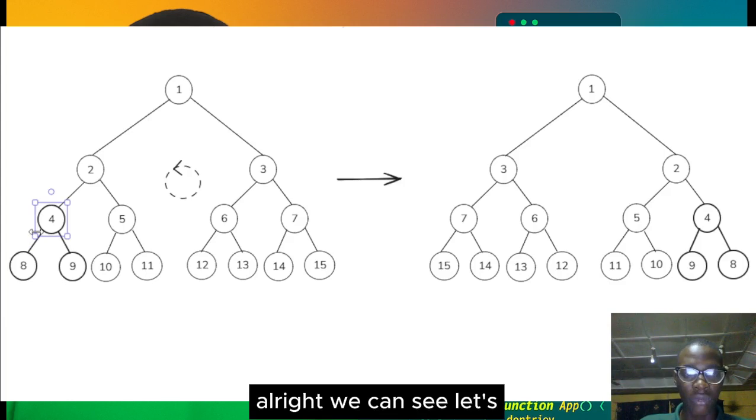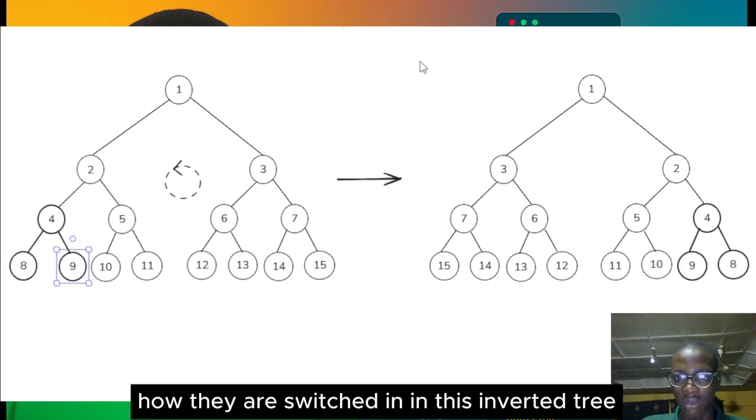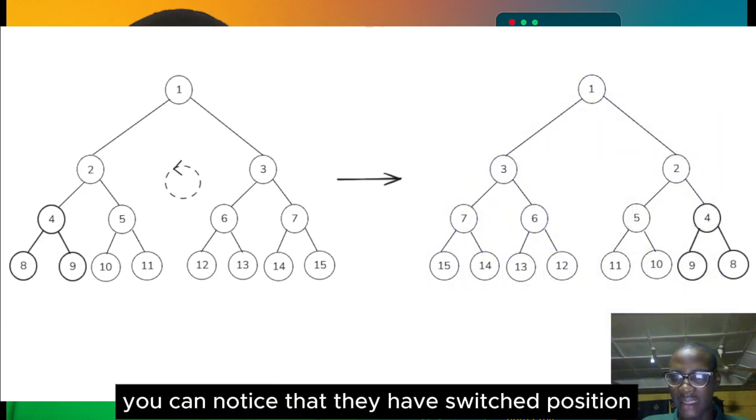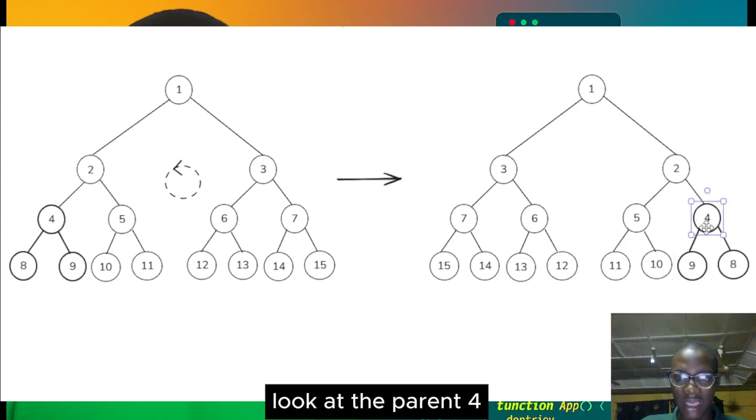Let's concentrate on how 8 and 9 are switched in this inverted tree. After the tree is inverted, you can notice that they have switched position relative to their parent, 4.